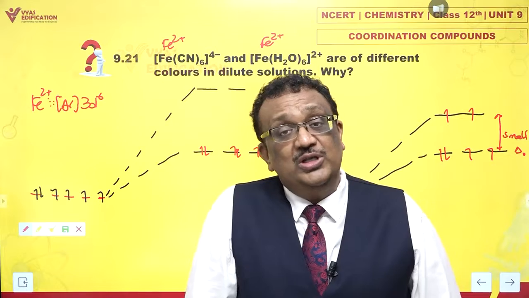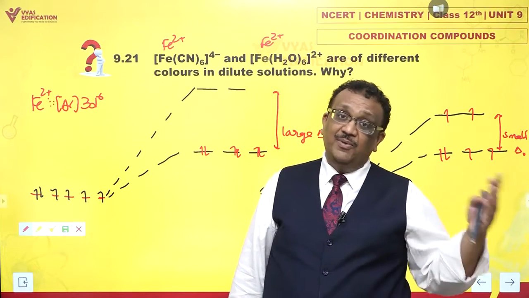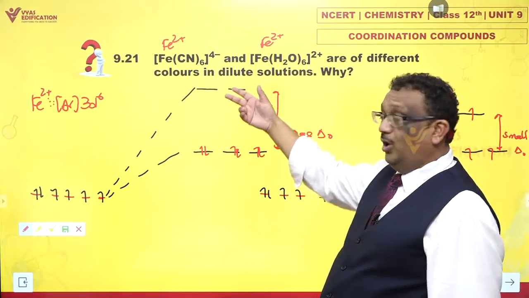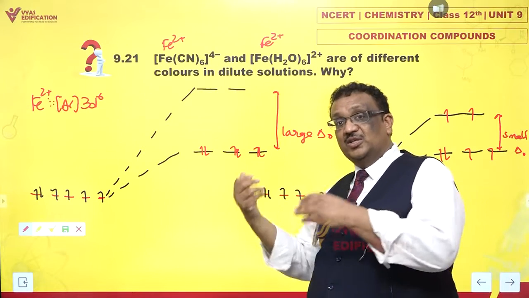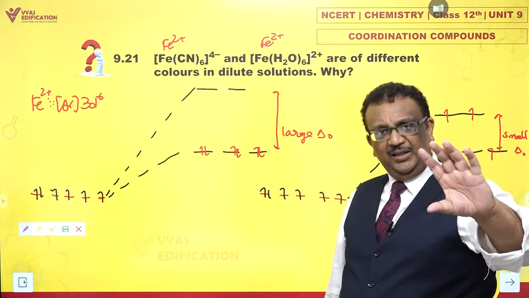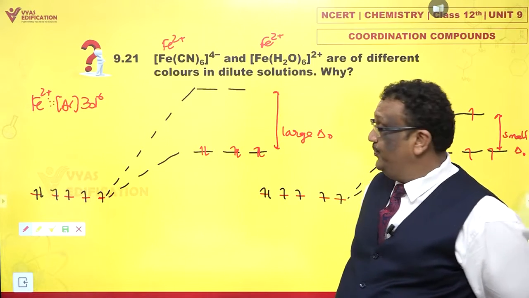Some of those photons are absorbed by the solution and you are able to see only the remaining light. Now, whichever photons are absorbed, they have certain color and accordingly, since that color is removed from white light, what you are able to see is the remaining part of the color and that is how you see the color of any solution.